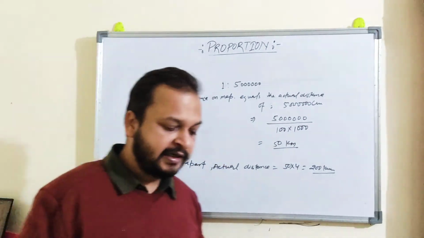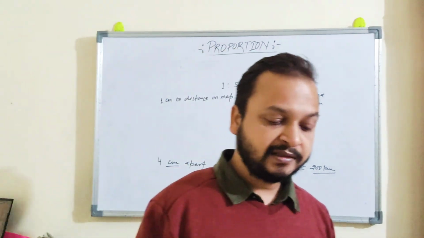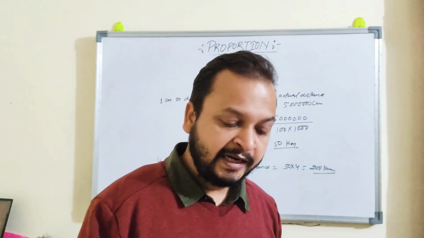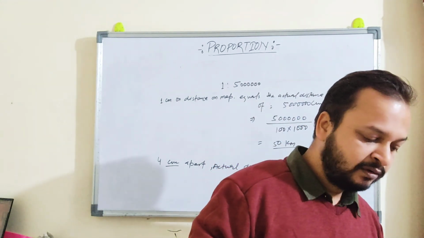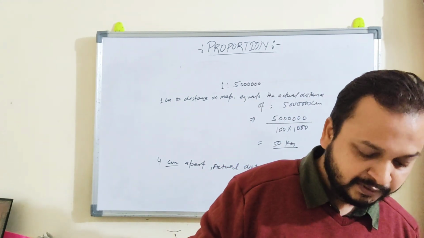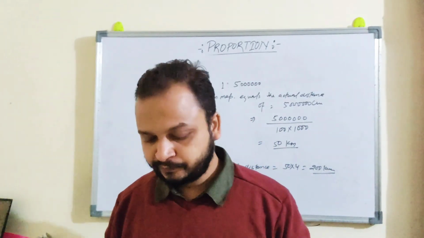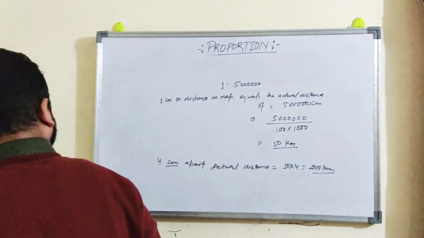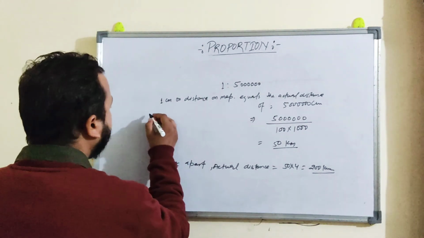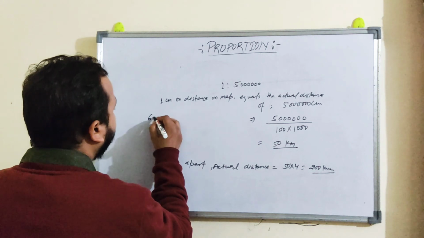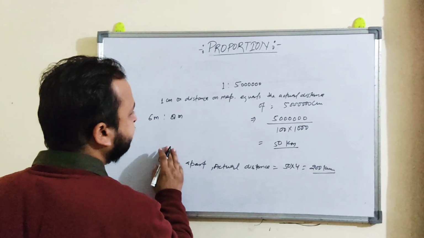Next question: at a certain time, a tree 6 meter high casts a shadow of length 8 meter, and at the same time a pole casts a shadow of 20 meters. Find the height of the pole. So you do it this way: the 6 meter tall tree casts a shadow of 8 meter, right?